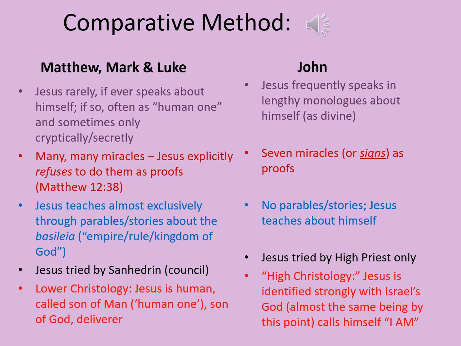John's Jesus is starting to look a lot like the Jesus in the later creeds, and the Jesus that Christians today refer to as one member of the Trinity, the God as being three persons in one, and Jesus Christ being one person of that kind of triune or triple God. And when we look historically, sort of chronologically and comparatively, we're not seeing that very well developed in Matthew, Mark, and Luke, but it's very developed in John.